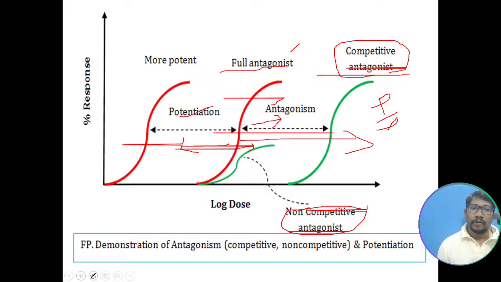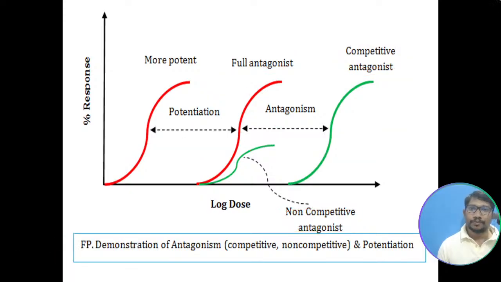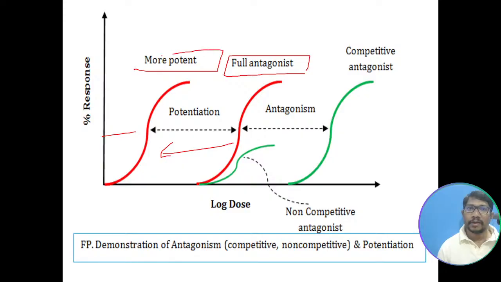So remember, when you plot a log dose versus response curve as compared to a full agonist, if a drug shifts the log dose response curve towards the left side, it is known as potentiation, meaning a lesser dose of the drug is required to produce the same effect produced by the full agonist; it is a more potent drug.